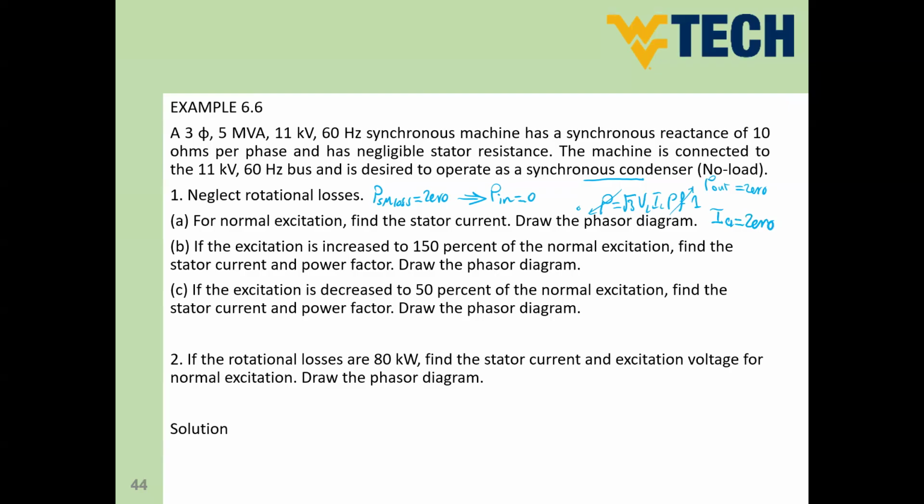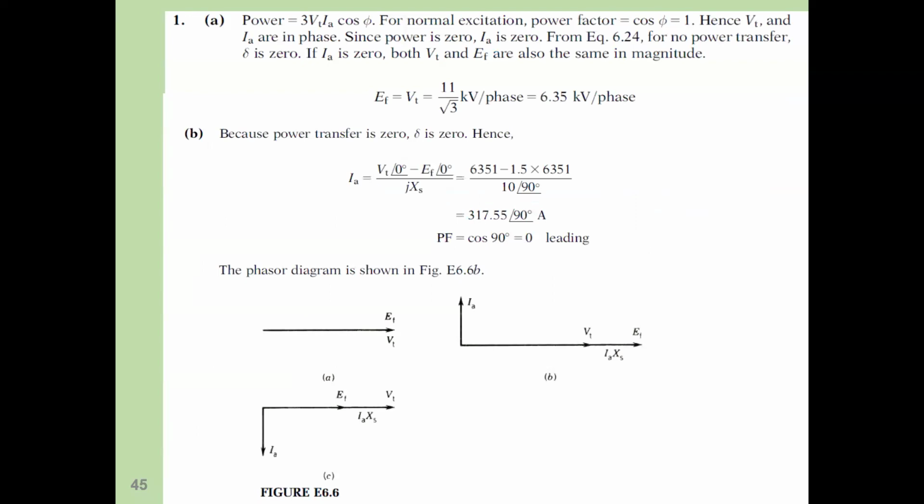Because we have zero power, so power factor is unity, so the current has to be zero. If you draw the phasor diagram in this case, EF and V terminal will be the same. This is our solution, and this is our phasor diagram. There is no electrical current. The excitation volt is the same as the terminal volt, which is 11 kilovolt divided by root 3, in order to be in phase. So this is 6.35 kilovolt.